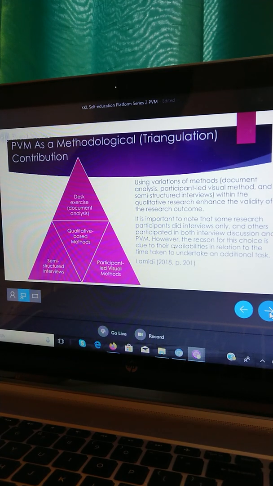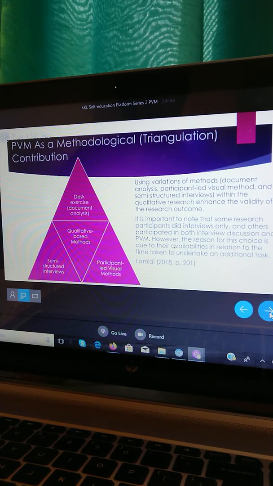The major contribution of participant-led visual method in terms of methodological contribution is my triangulation. Because I've implemented in my thesis, which you can also do, different series of qualitative methods, which mainly is the semi-structured interviews, but within that I was able to do desk study, which some people describe majorly as document analysis.